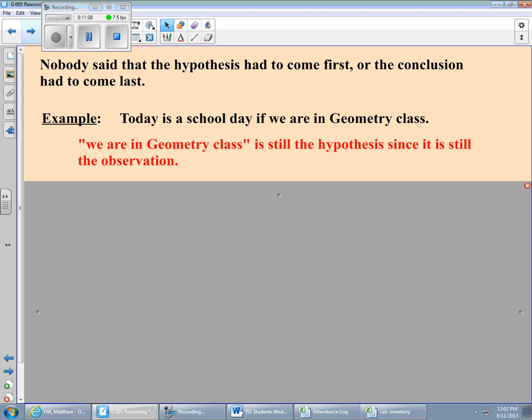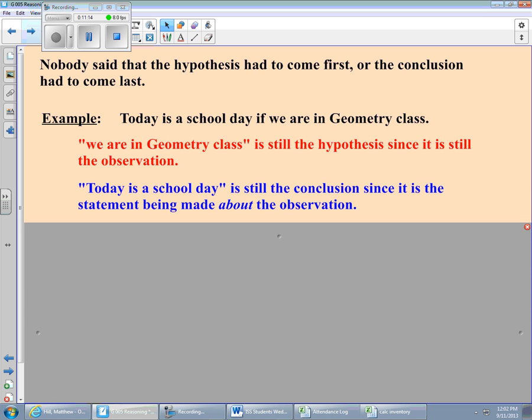We are in geometry class is still the hypothesis because it is still the observation. Today is a school day is still the conclusion, since it's the statement being made about the observation. Now, one thing that you might notice between this example and the way that it was worded on the last screen was this one, the then is gone.